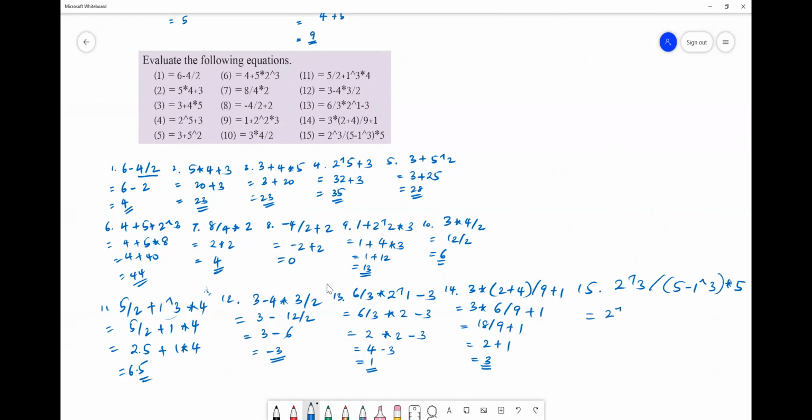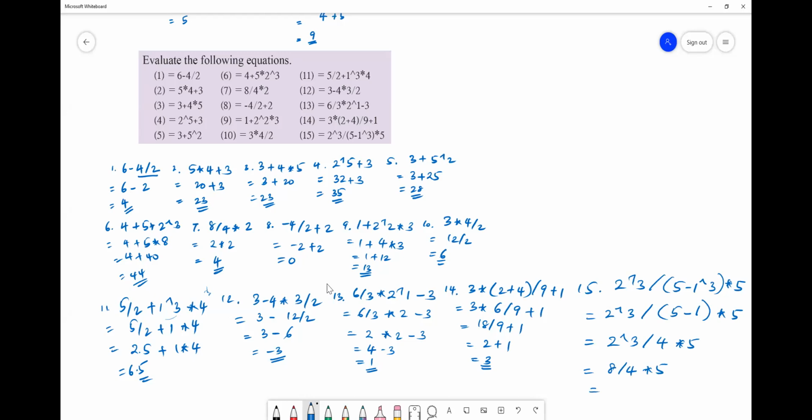Within the bracket, we first work on the exponentiation, meaning 5 minus 1 to the power 3 is 1, into 5. Now this is 2 to the power 3 divided by 5 minus 1 is 4, into 5. Now we do the exponentiation. 2 to the power 3 means 8 divided by 4 into 5.